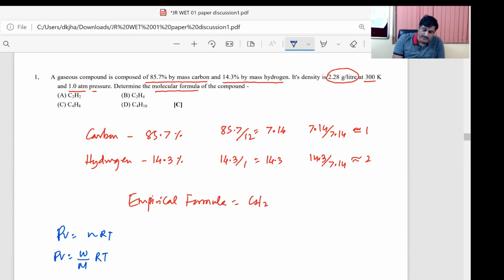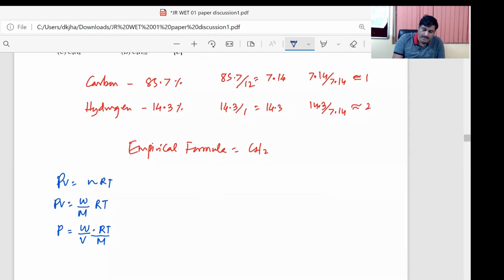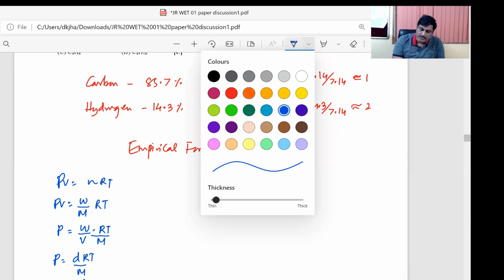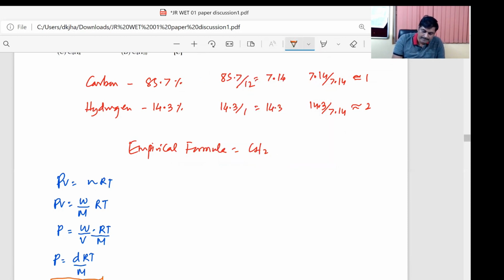If we rearrange this, then P is equal to weight by volume into RT divided by M. And weight by volume is the density. So P is equal to dRT by M. So molecular mass is equal to dRT by P. Very simple one. Okay, this is the formula here.